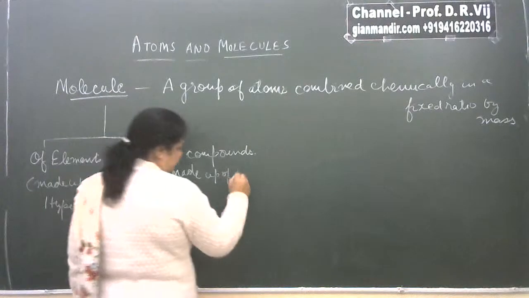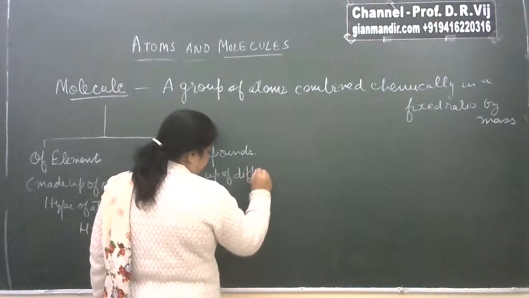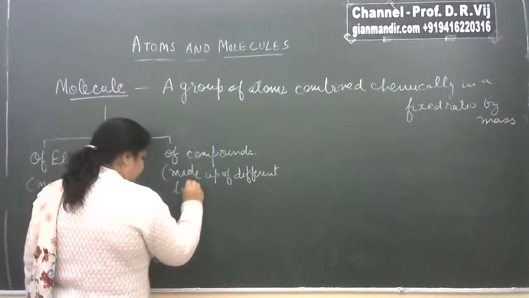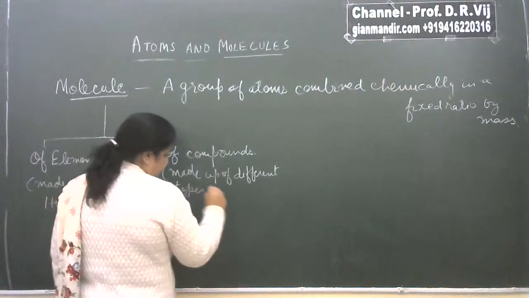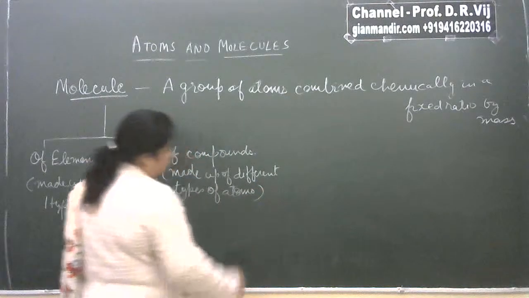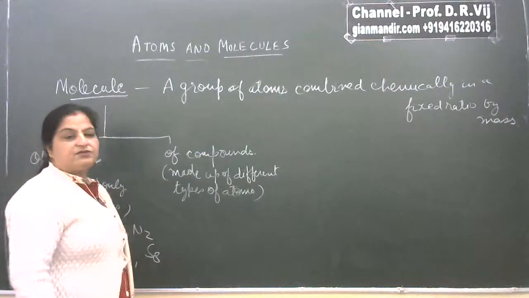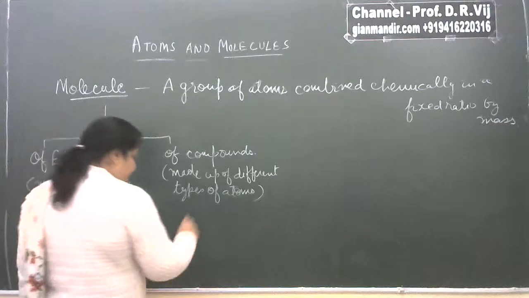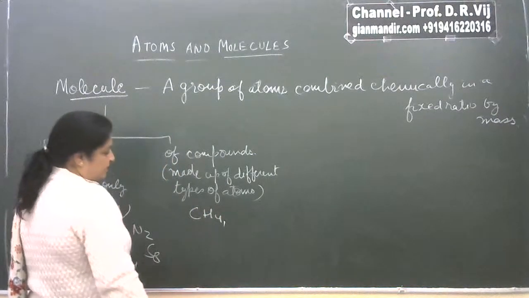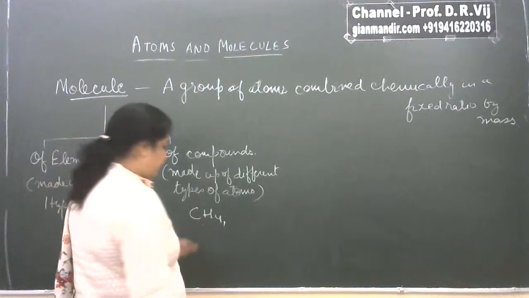of different types of atoms, of course in a fixed ratio. For example, methane, which is a molecule of carbon and hydrogen.